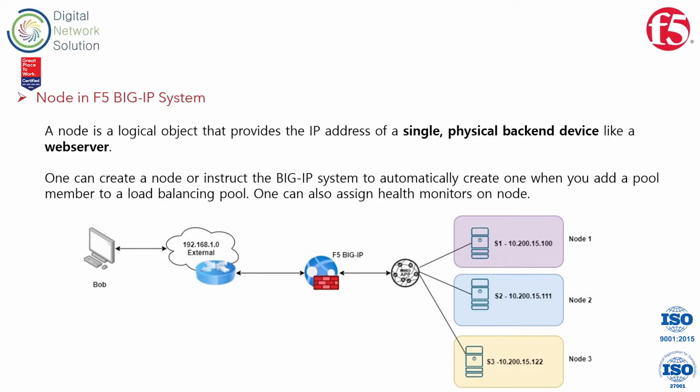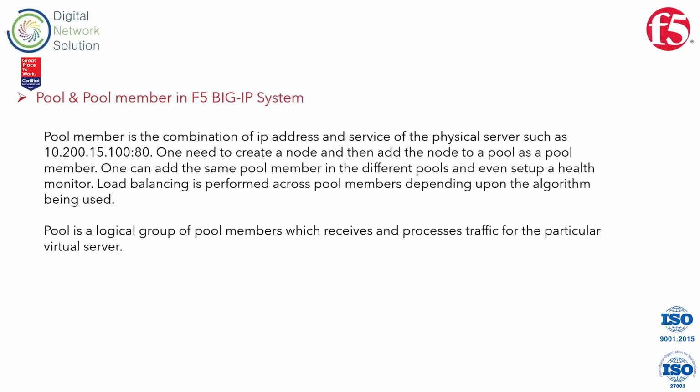So in F5, one needs to configure the individual backend server as a node on the LTM module of F5. During the configuration of a node, the original IP address of the backend device is used. On the right side of the network architecture, the different shades of color represent the individual physical backend servers, which are later configured as nodes in the F5 BIG-IP system.